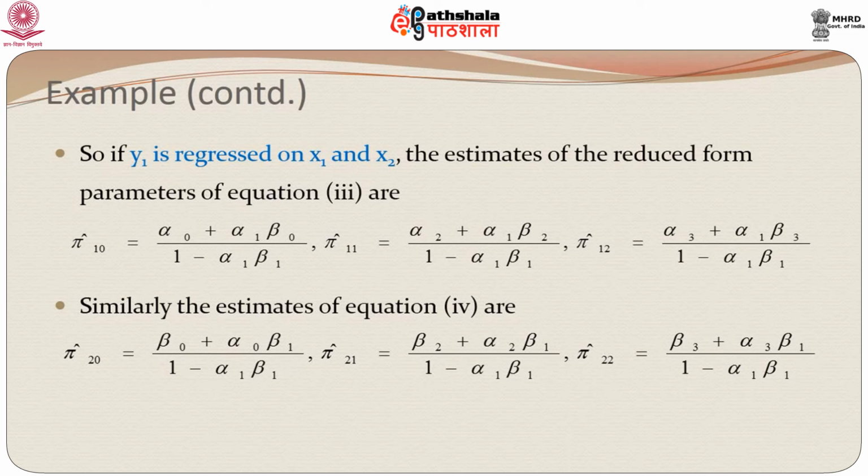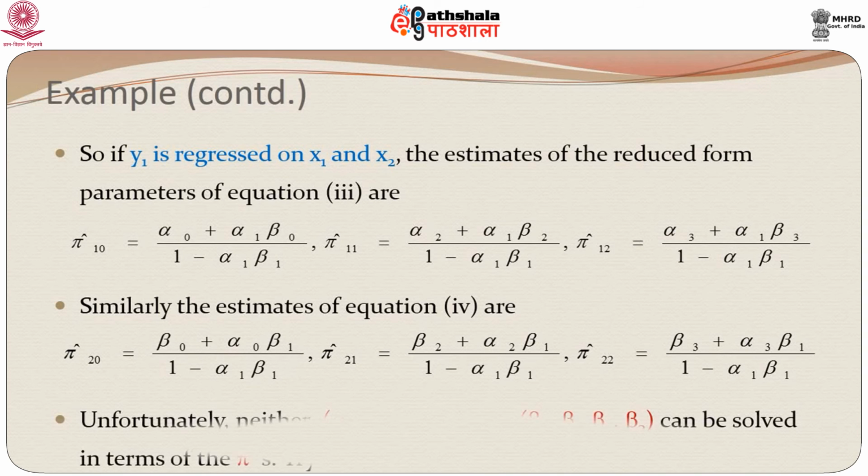There are 6 equations involving how many parameters? There are alpha naught, alpha 1, alpha 2, alpha 3, 4 parameters from the first set, and beta naught, beta 1, beta 2, beta 3 from the second set. 6 equations in 8 parameters. Can we solve them?